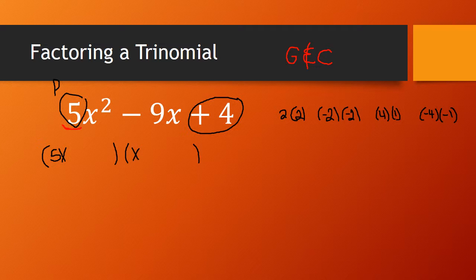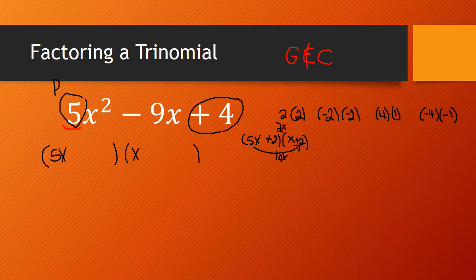So working with 2 and 2, if I put 2 in one factor and 2 in the other factor and check for the middle number in the trinomial, I'm going to have 2 times x, which is 2x, as the product of the inner numbers, and 5x times 2, which is 10x, as the product of the outer numbers.